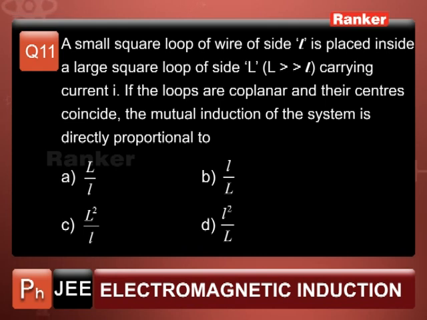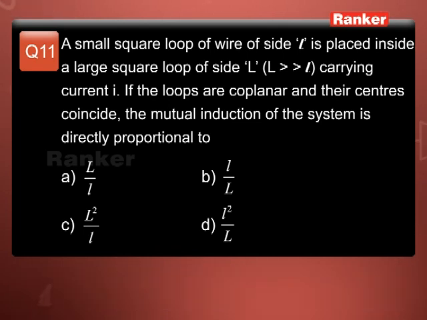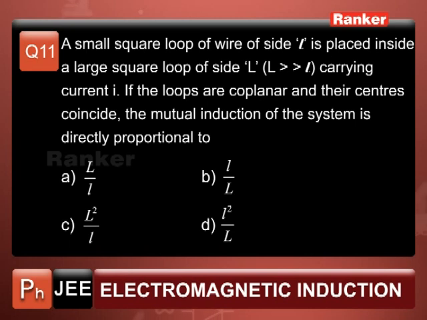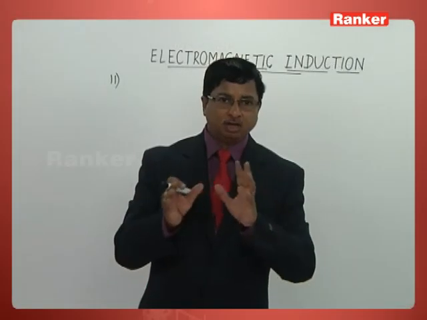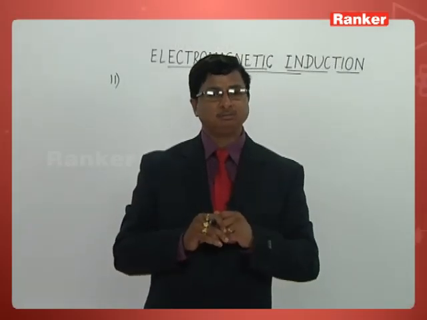And what else is he talking about? Carrying a current I. If the loops are coplanar and their centers coincide, the mutual induction of the system is directly proportional to how much? So that is the concept he is talking about.